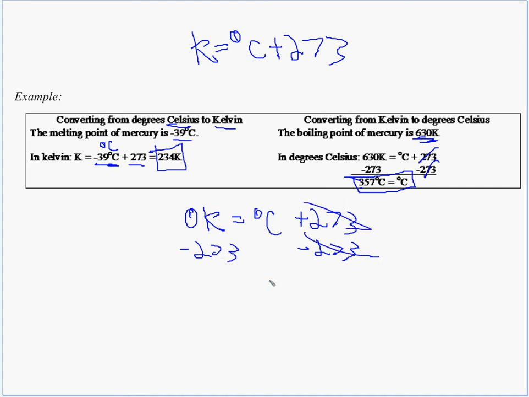This cancels. So I have degrees C equals 0 minus 273, so negative 273 degrees C. So this is also absolute 0. It's just in a different temperature scale. It's using Celsius and not Kelvin.